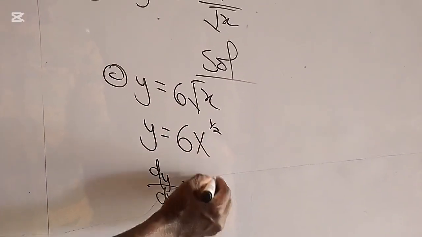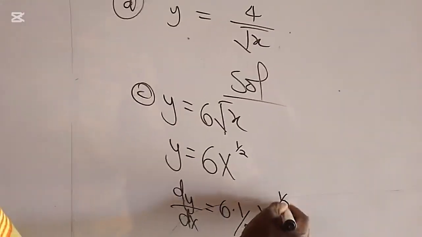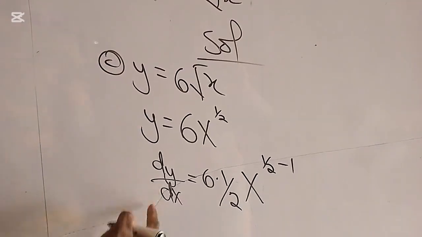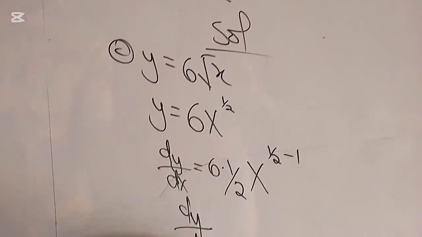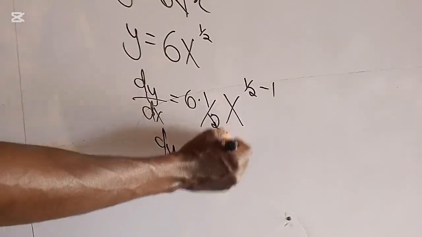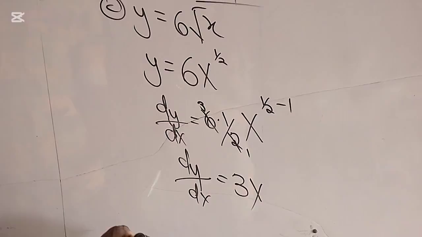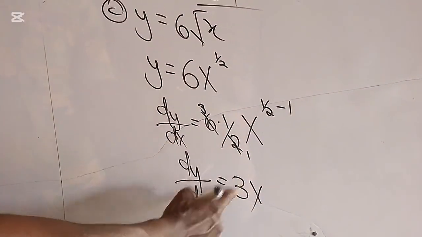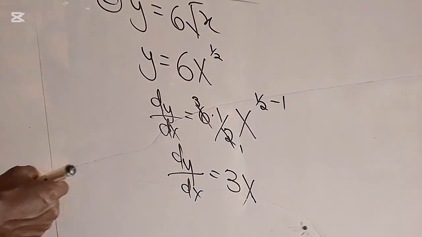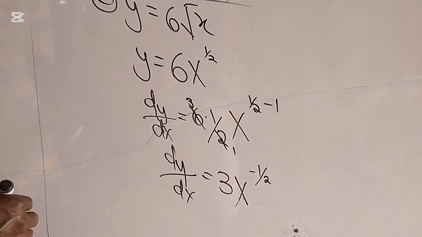So 6 multiplied by 1 out of 2, then 1 out of 2 minus 1. You subtract 1 out of 2. Then our dy/dx will be equal to, 2 goes into 6 3 times. So we have 3x, and 1 out of 2 minus 1 will give us negative half.